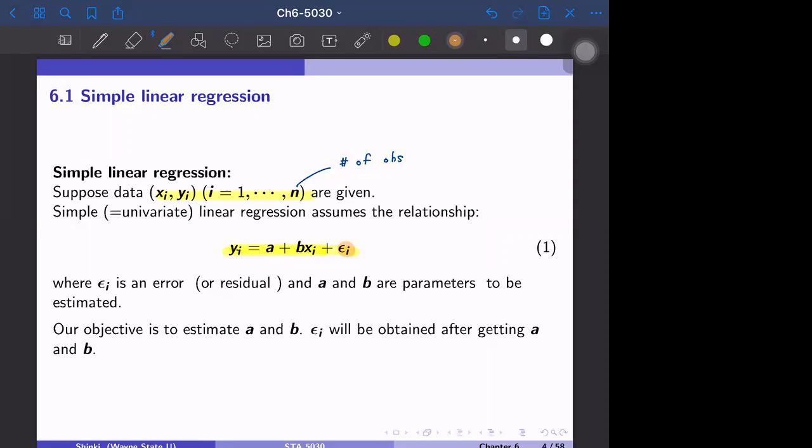Y is equal to a plus bx, which you studied in middle school, but here we have the error term epsilon_i. Epsilon_i is called error, and if observed, it is called residual.